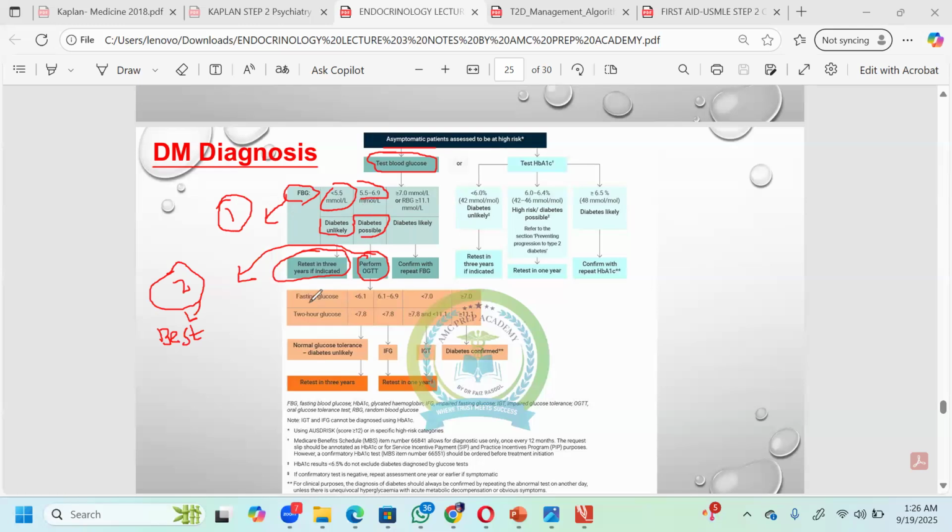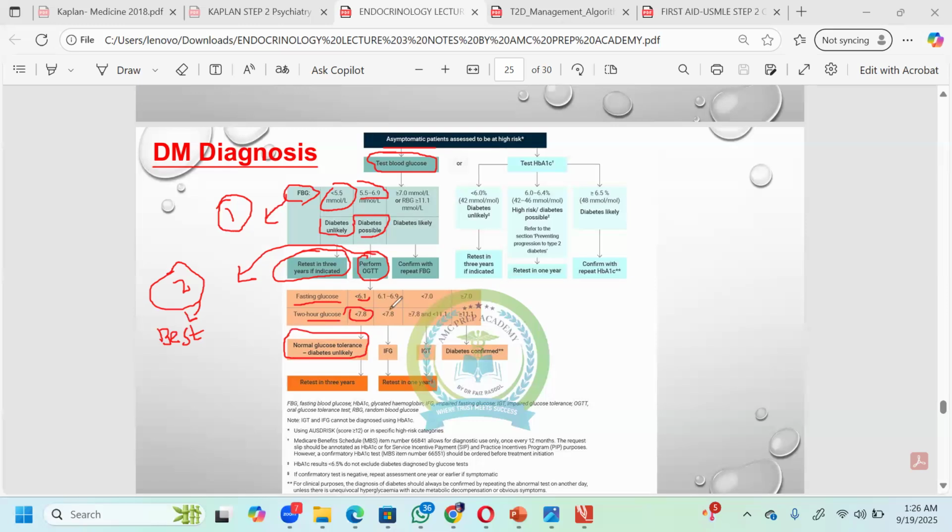in OGTT you will do two tests, fasting blood glucose and 2-hour oral glucose tolerance test. If the result of fasting blood glucose is less than 6.1 or 2-hour oral glucose test is less than 7.8, diabetes is unlikely in this group.